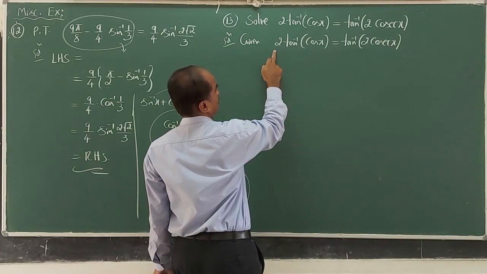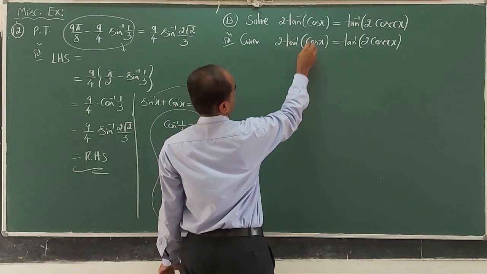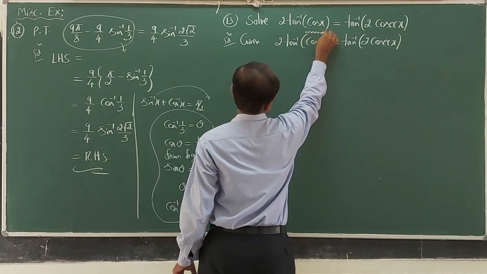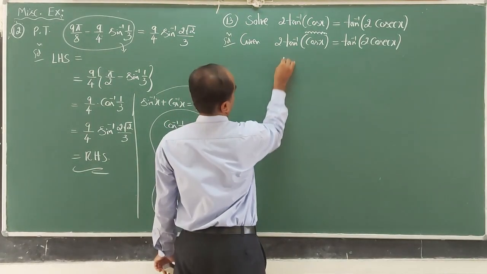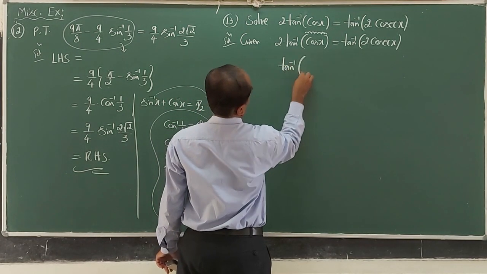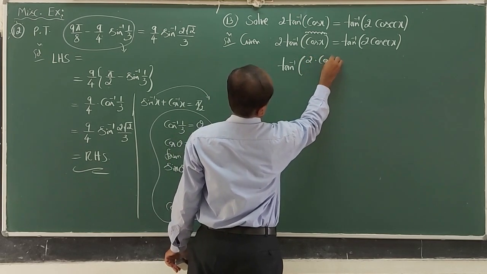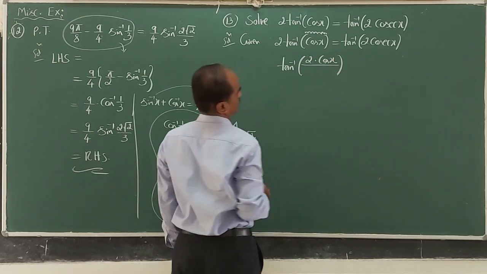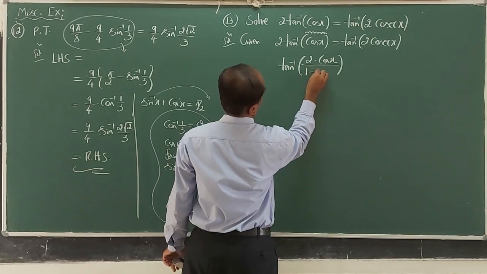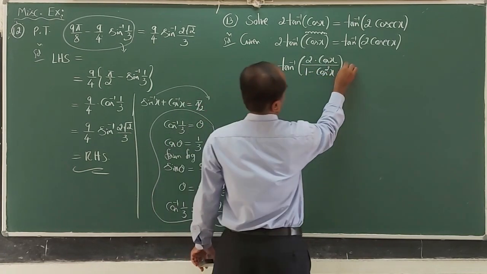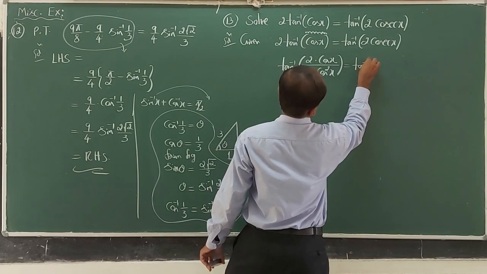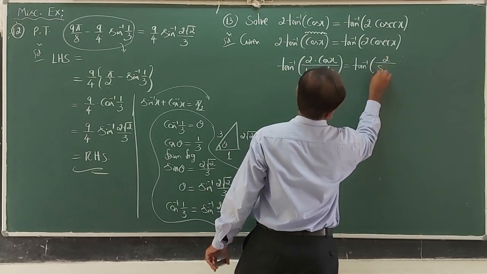I am going to apply the formula for 2 tan inverse x by treating this cos x as x. What is 2 tan inverse x? It is tan inverse of 2x divided by 1 minus x square. Here x is cos x, so we get tan inverse of 2 cos x divided by 1 minus cos square x, equal to tan inverse of 2 divided by sin x.